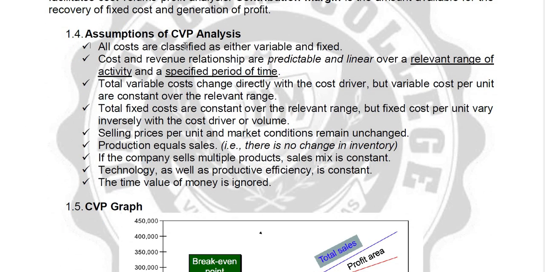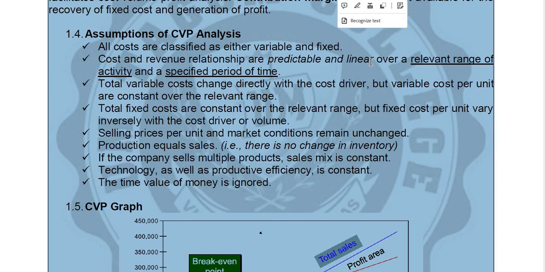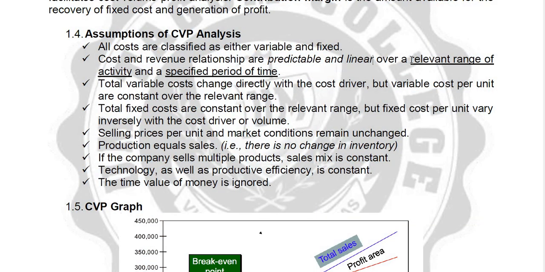That all costs are classified either as variable or fixed, so again, we can better predict the costs. And that cost and revenue relationships are predictable and linear over a relevant range of activity in a specified period of time. So, take note that you should be dealing with the relevant range for those items to be true.